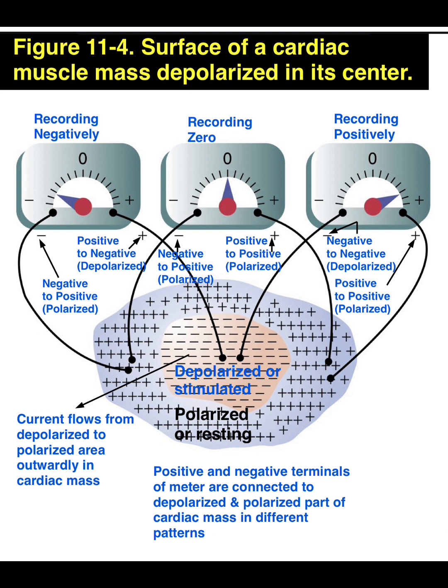The right-sided meter is recording positively because the negative terminal is connected to the negative or depolarized central part of the cardiac mass, and the positive terminal is connected to the positive or polarized part of the cardiac mass, which is the peripheral one.